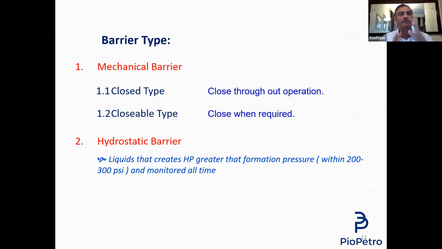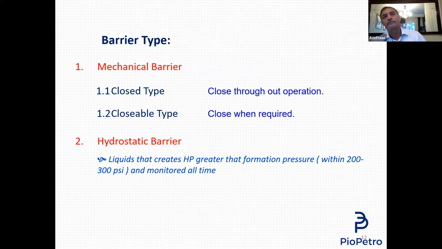The other type of barrier is the hydrostatic barrier, which is mainly liquid. A liquid that creates hydrostatic head, HP means hydrostatic head pressure, greater than formation pressure. If I put full stop now, this statement is wrong.